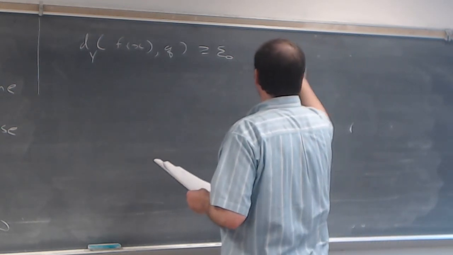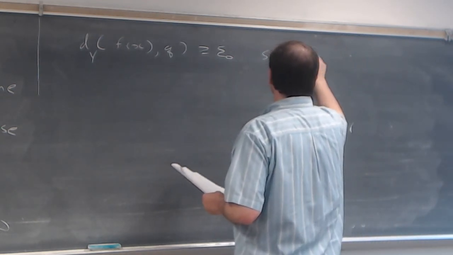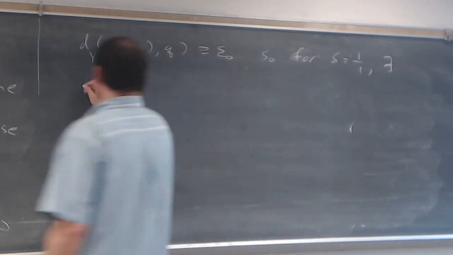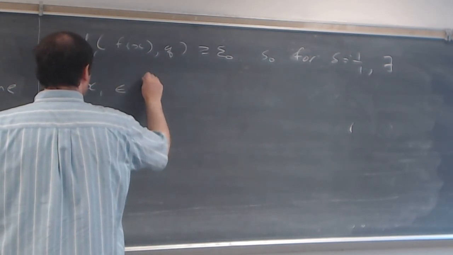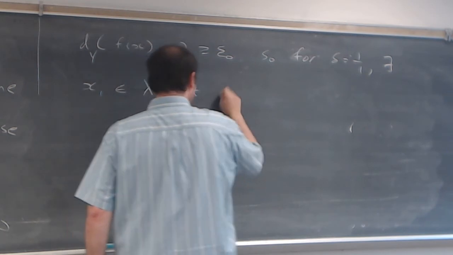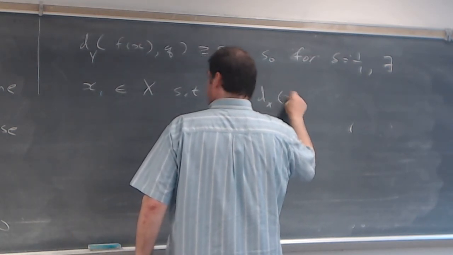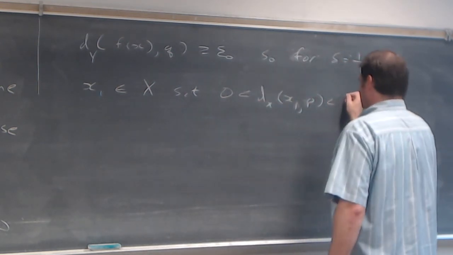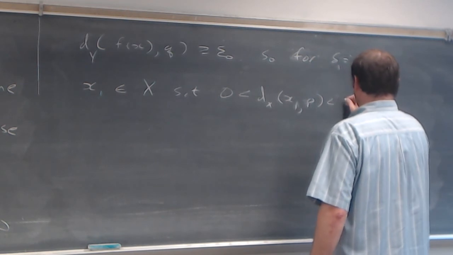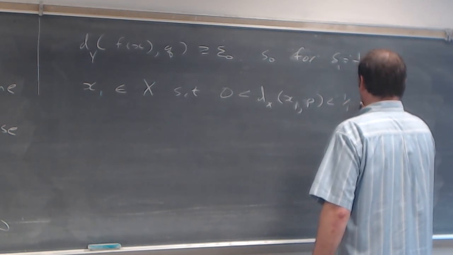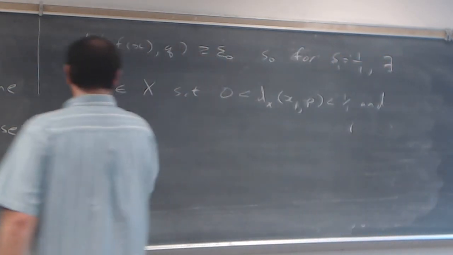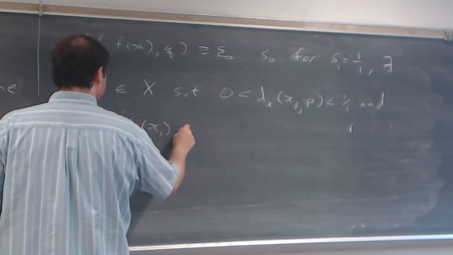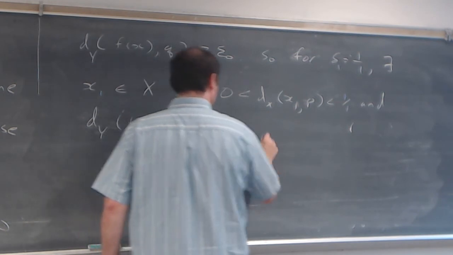So for delta equal to 1 over 1, following what we just said, there exists an x sub 1, an element of big X, such that 0 is less than the distance between x sub 1 and p, which is less than delta, 1 over 1, and the distance in Y between f of x sub 1 and q is greater than or equal to epsilon naught.